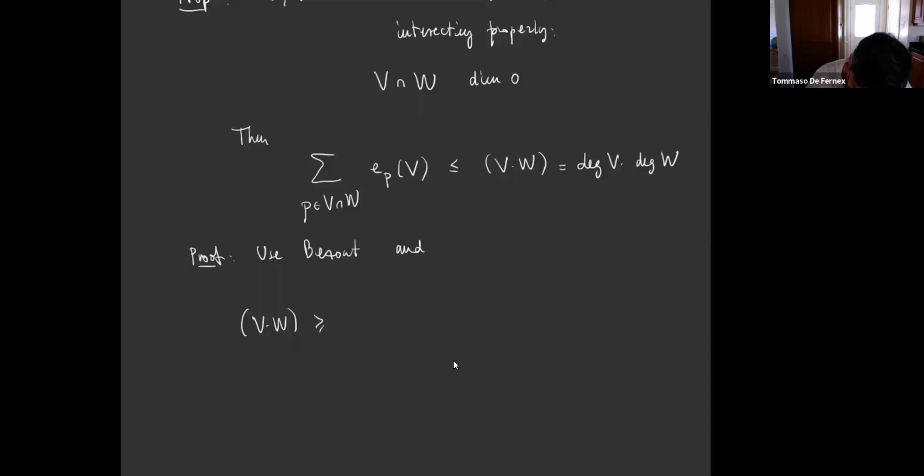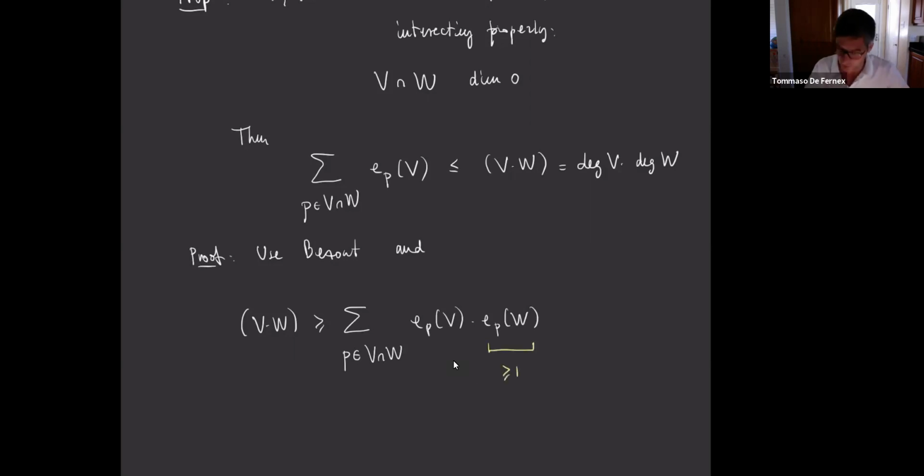But these intersection numbers are bounded below by the product of the multiplicities. Okay, so we have this bound. And then of course, just use the fact that this quantity is greater than 1, so I can neglect it, and I certainly get this formula.